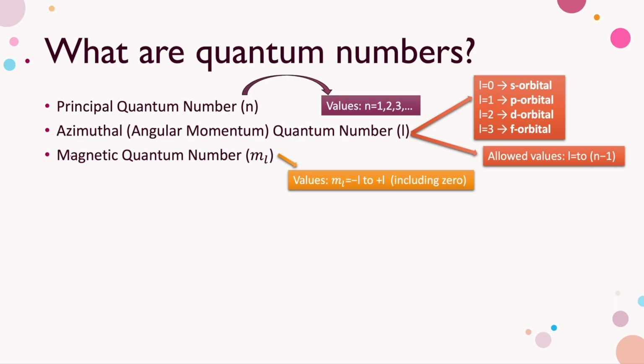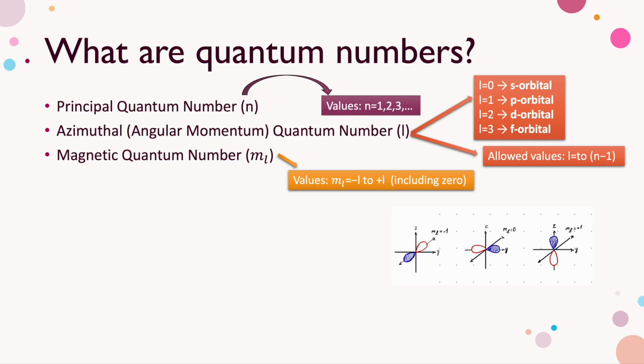Let me give you an example. For example, for the s orbital, we said that l is equal to 0 and n is equal to, correct, 1. Now, for the s orbital, the magnetic quantum number will be 0. And well, since it is a sphere, it will only have one orientation, right?